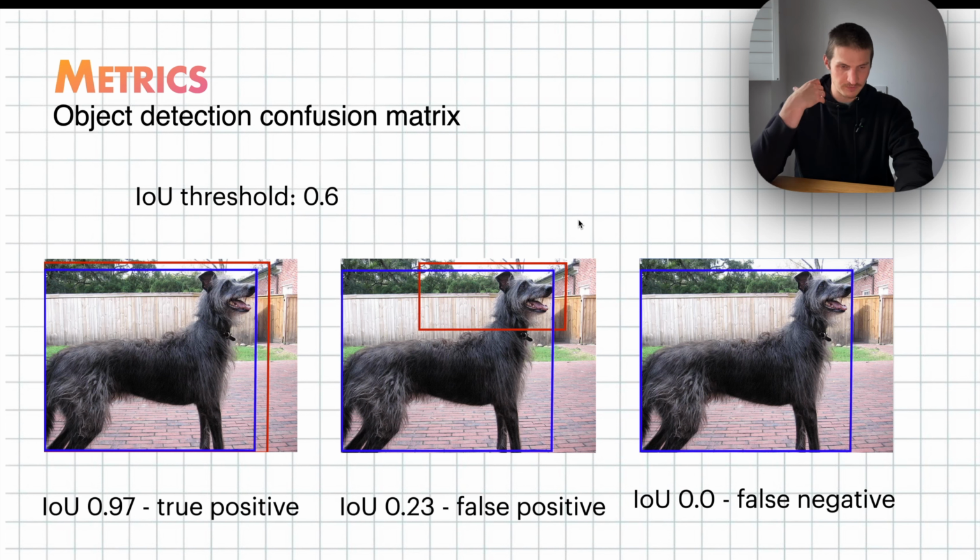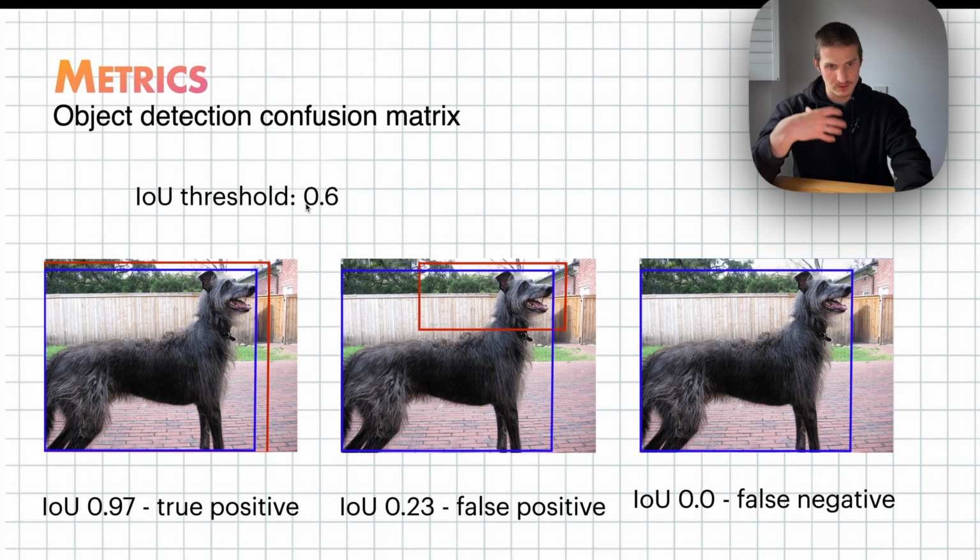Now, if we look at both this confusion matrix and AUC and the IOU metric, we might get various types of errors. So first of all, to decide when the bounding box is correct, we are going to choose a certain IOU threshold.